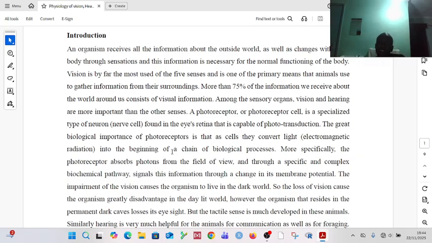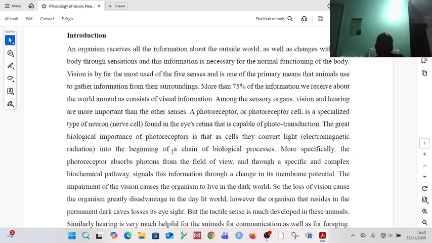That's what we call phototransduction. So that cell will perceive a form of light, then transmit that light perception down until it gets to the brain, where the interpretation is made.